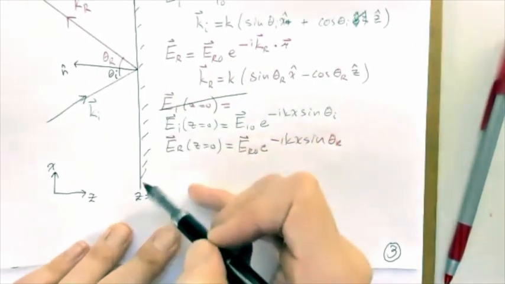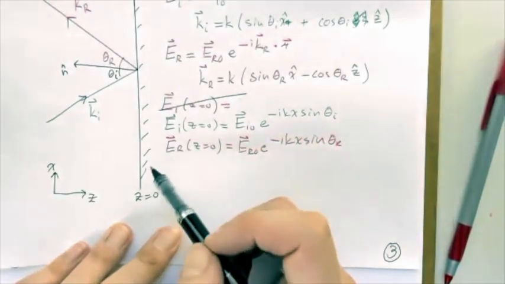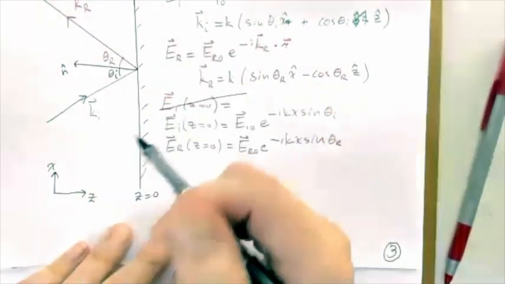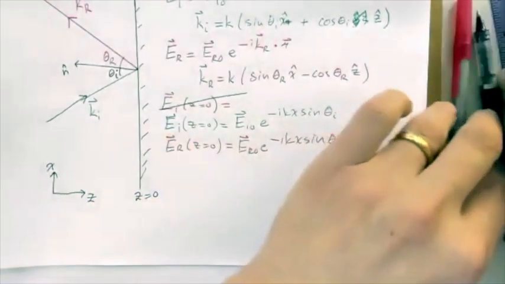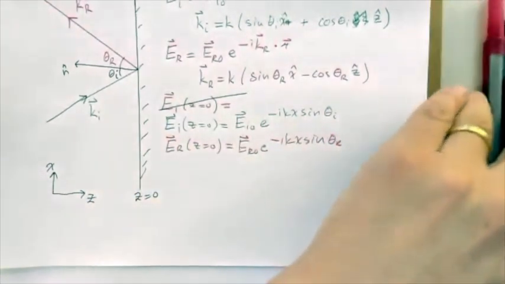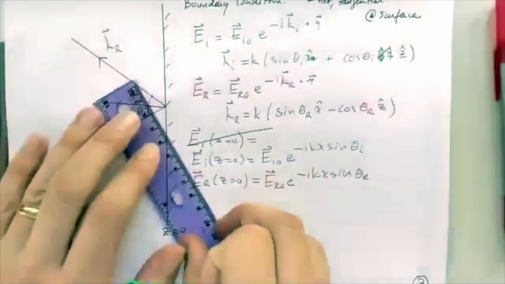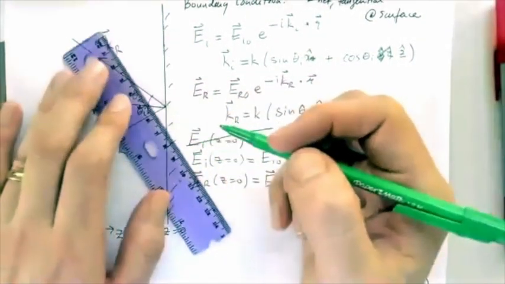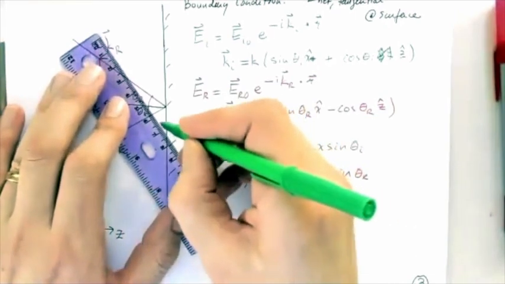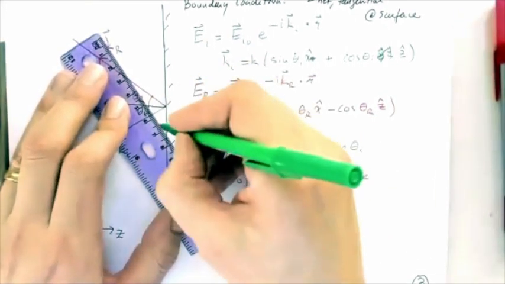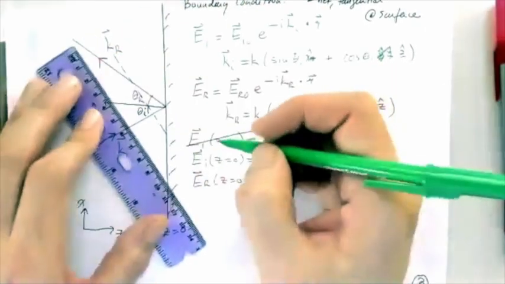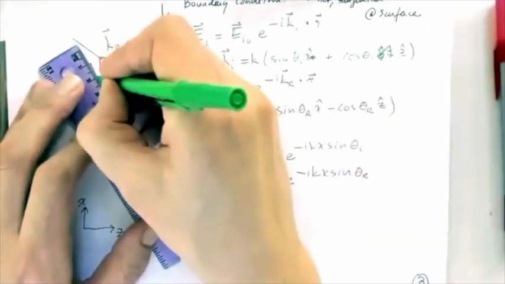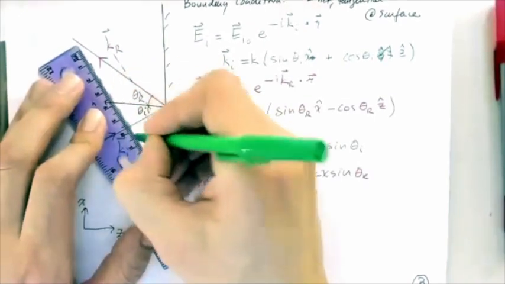In between are distances that are the wavelength of the wave projected on the surface. So let me show you what I mean by that. There are these parts that are perpendicular to the wave vector that are giving you nodes and antinodes.